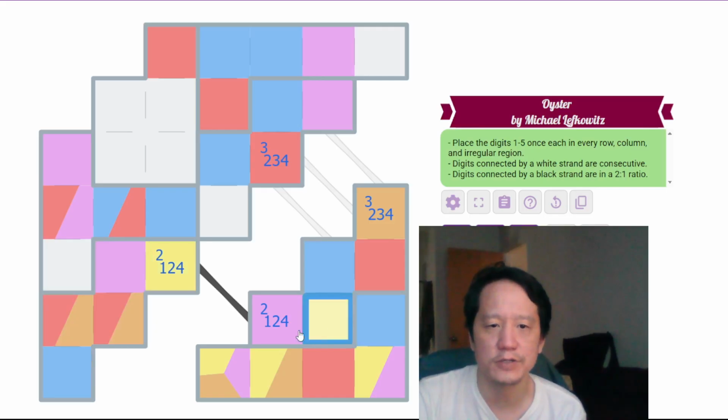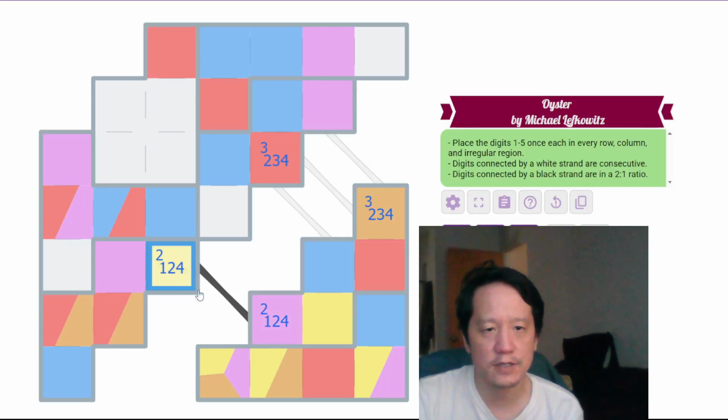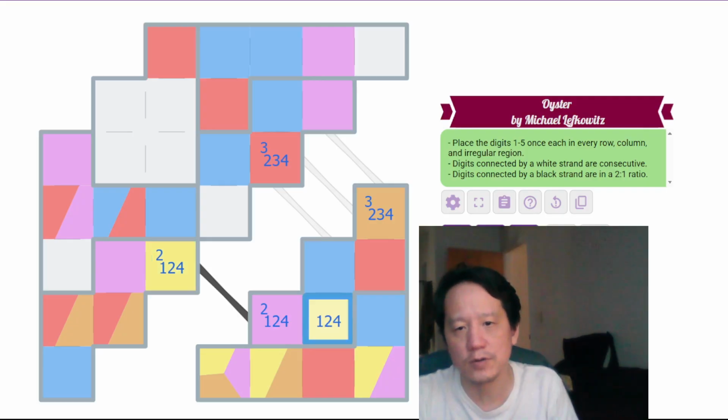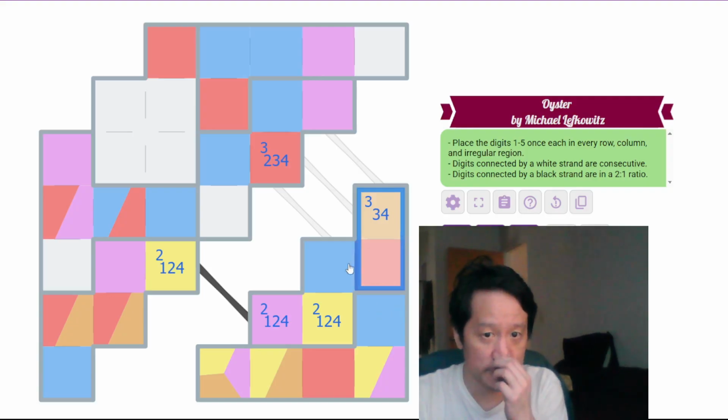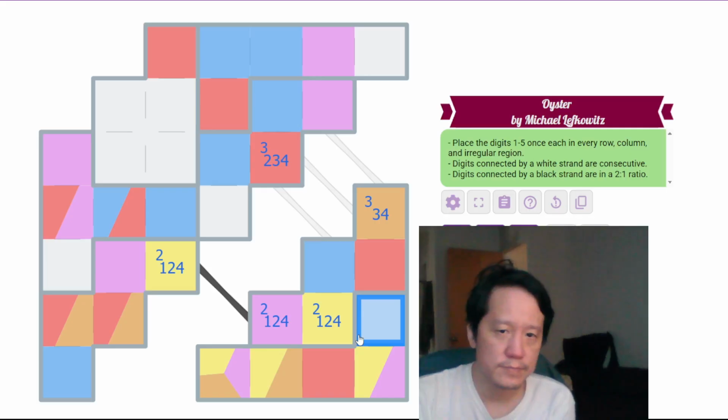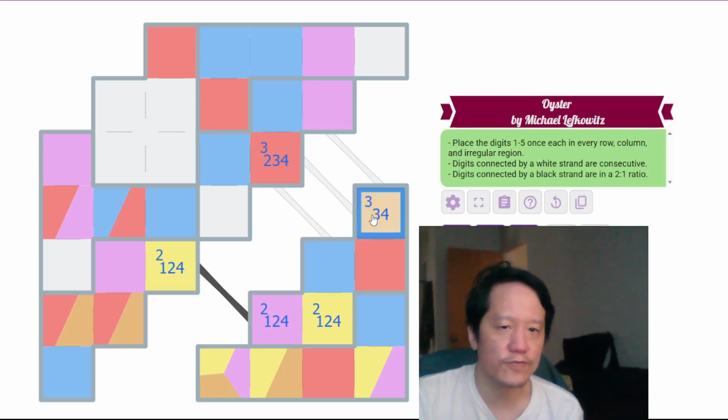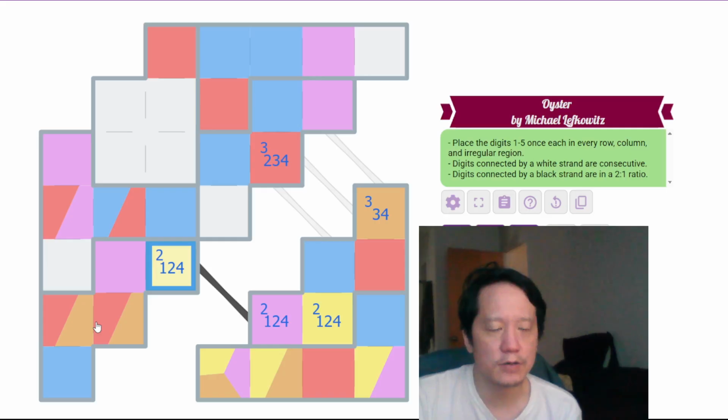So yellow is in 1-to-2 ratio with each other. So we're guaranteed this must be a 2 here, which eliminates 2 from the rest of the region. So this is 3 or 4. We have yellow here.